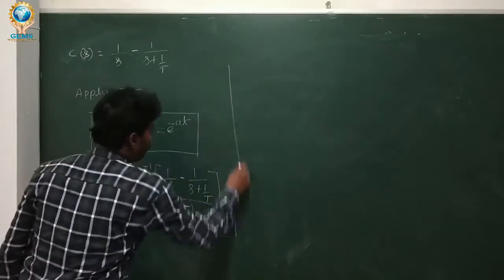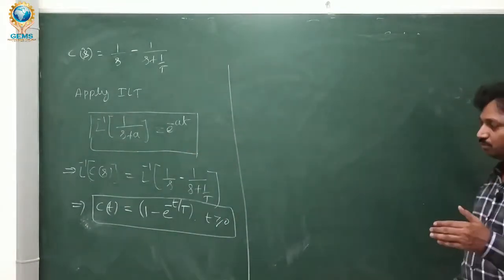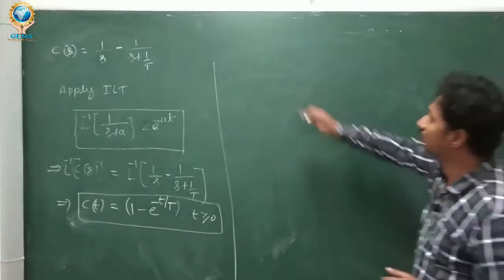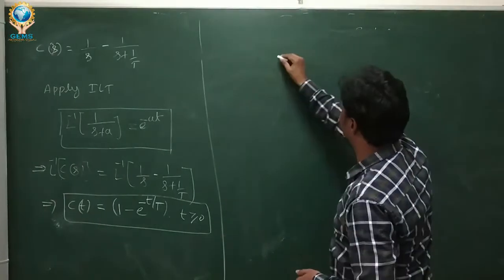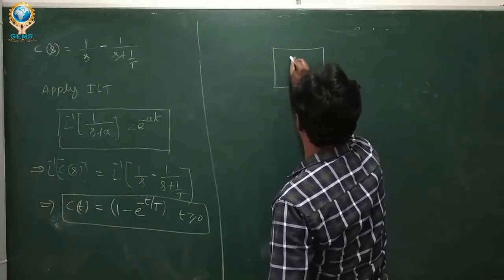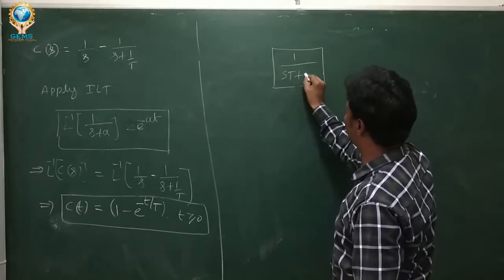So this is the response of the system. Now we just draw the response for different values. You know that this is your first order system, 1 by sT plus 1.